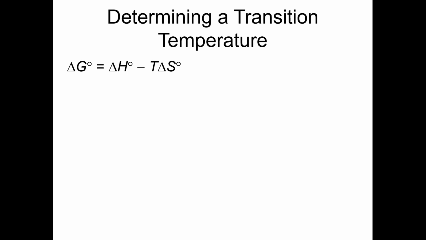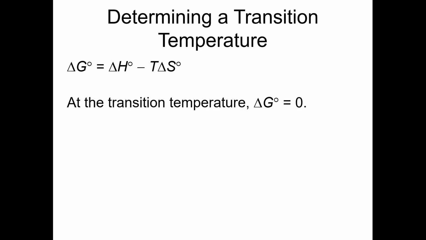We recall that delta G is equal to delta H minus T delta S. Well, what is the value going to be at that temperature at which it changes from being spontaneous to being non-spontaneous, or vice versa? Well, that's the temperature at which it is going from negative to positive, or positive to negative, and therefore at that temperature, delta G is going to be equal to 0.